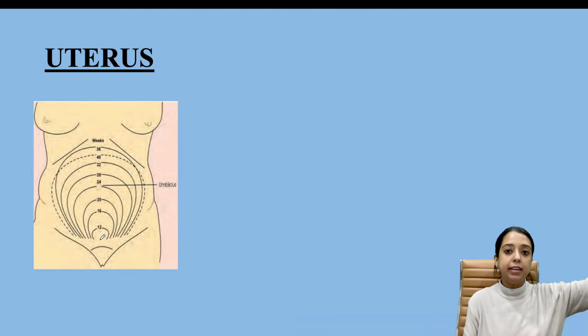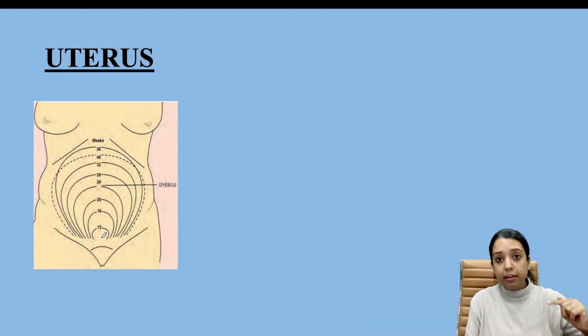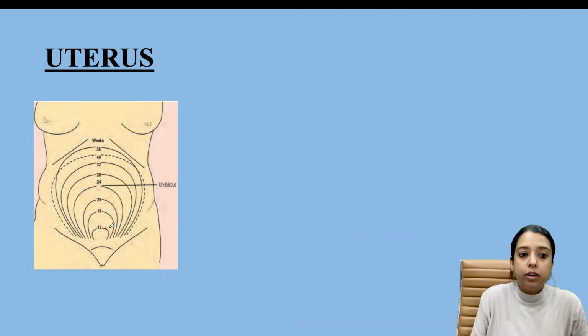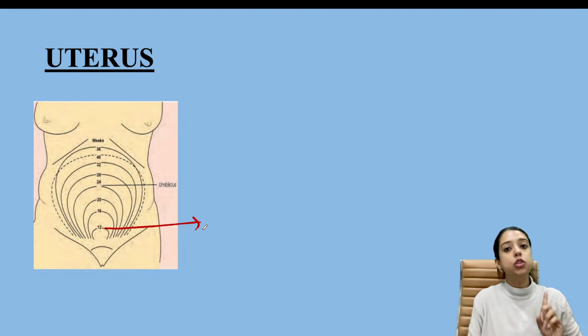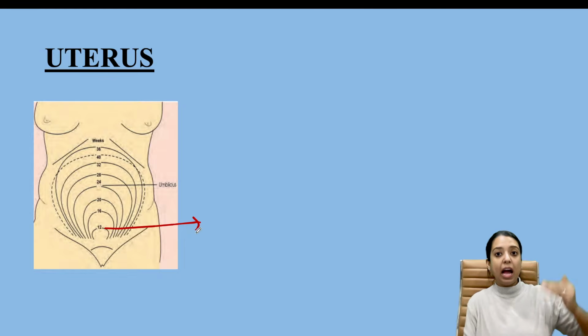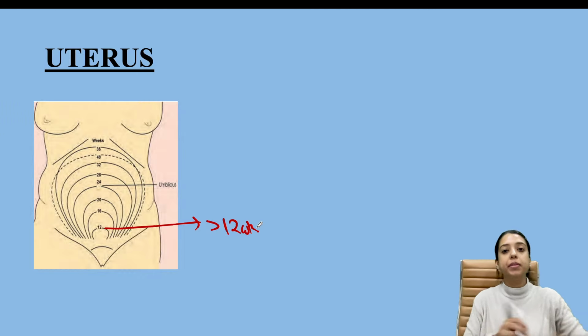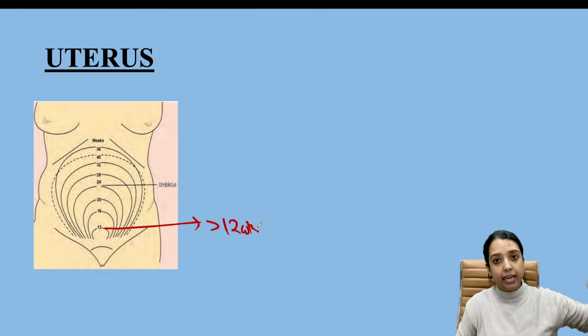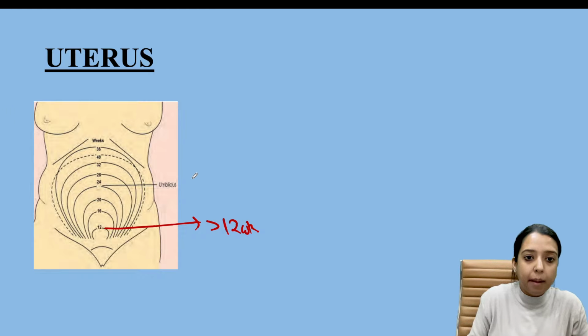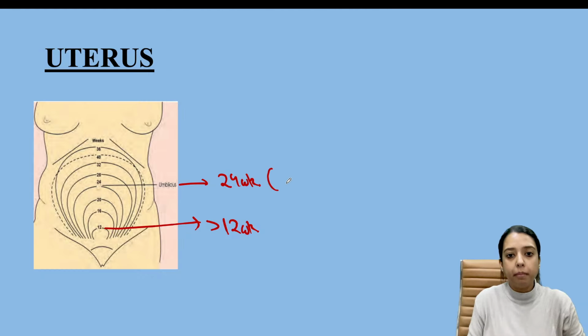So these are the various fundal heights that can be asked in your exam. Remember, the uterus is inside the pelvis till 12 weeks. The uterus comes out of the pelvis after 12 weeks, so it becomes an abdominal organ at 12 weeks. The uterus reaches the umbilicus at 24 weeks. Please do not mention it reaches the umbilicus at 20 weeks.